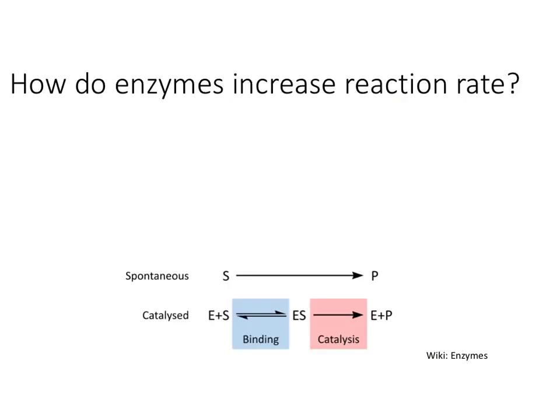Okay, so how do enzymes increase the rate of their reaction? The most basic answer is that they decrease the activation energy.